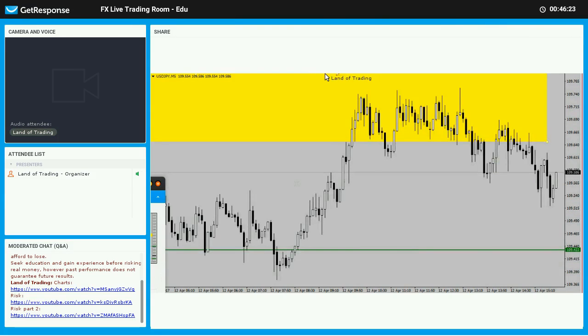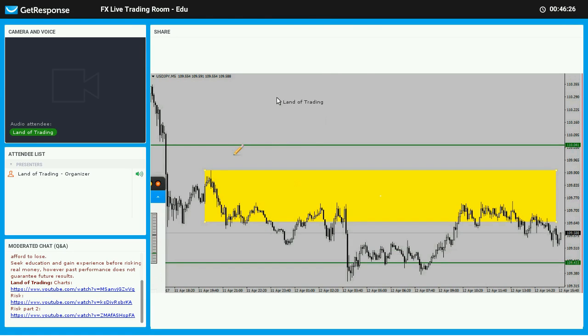Let's have a look at what we have on the 5-minute chart.